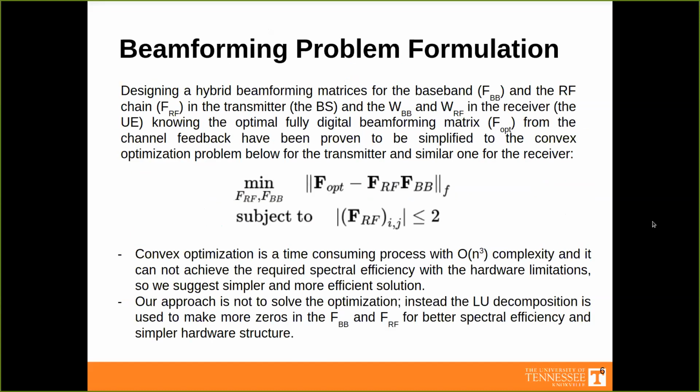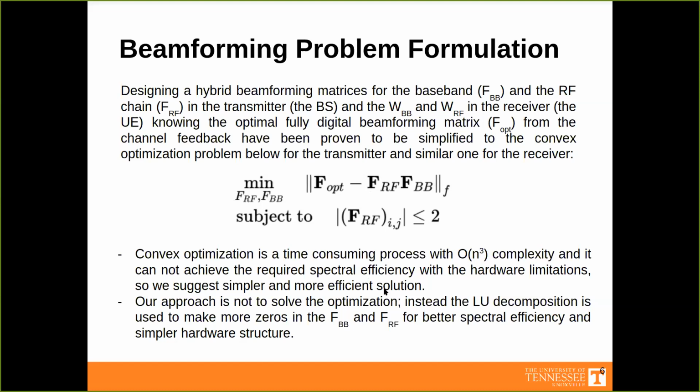For beamforming, as we said, we are trying to build hybrid beamforming, and a lot of designs have already been suggested, like hundreds or even thousands of designs. In our design, we are just trying to use a simple method of matrix factorization by obtaining the fully digital beamforming matrix from the channel matrix, and then we apply something called LU decomposition, factorizing this matrix into two matrices whose product gives us the fully digital beamforming matrix.